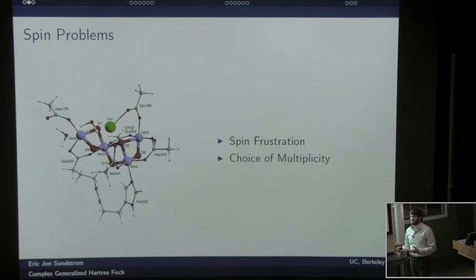If you want to tackle something like this, typically what's done is you run every single multiplicity you can think of, choose the lowest energy one, and assume that that's the right one. This leads to a lot of calculations and also biasing, right? If the geometry shifts, sometimes very small amounts, you can shift which spin state would be lowest in energy, and you won't be able to pick that up in a potential energy surface that doesn't account for that spin flipping.